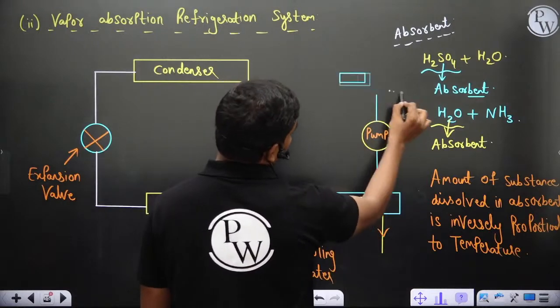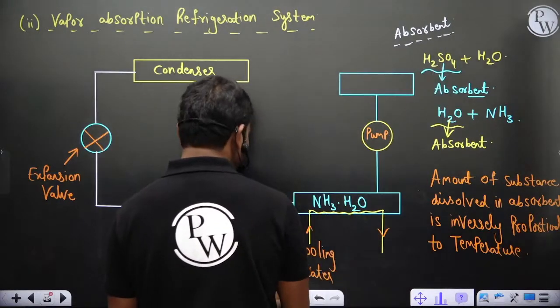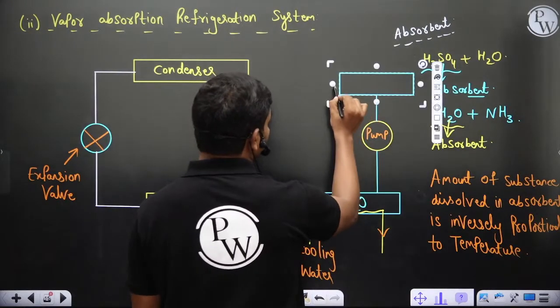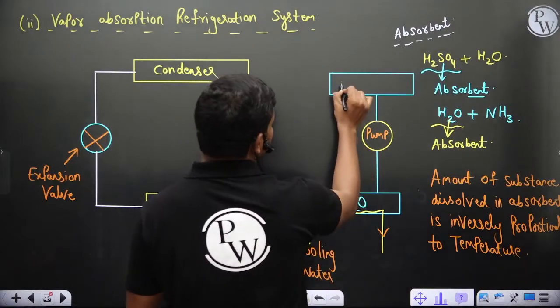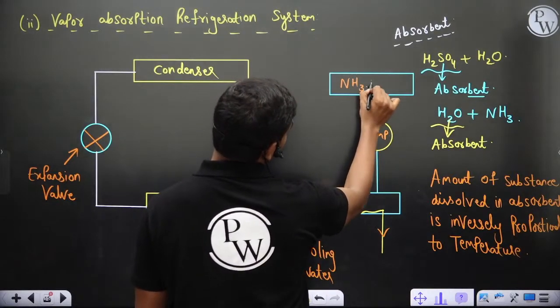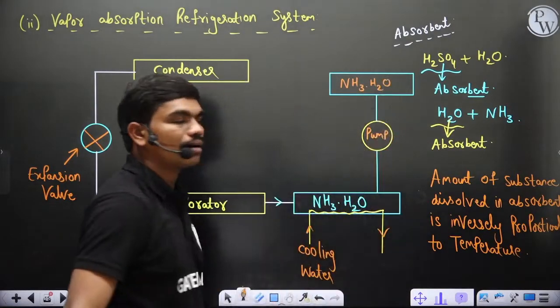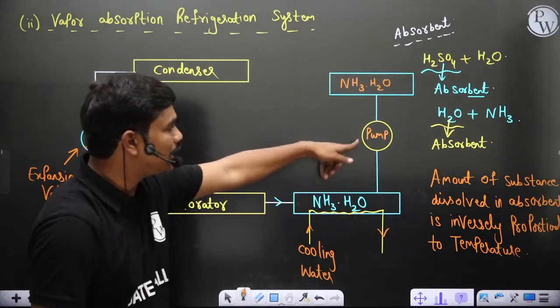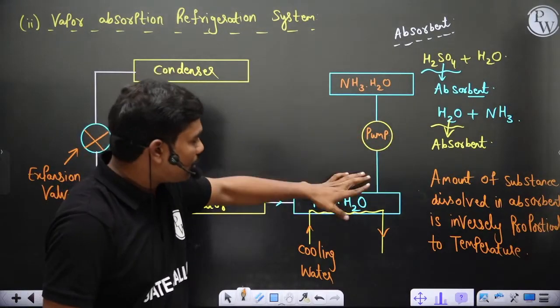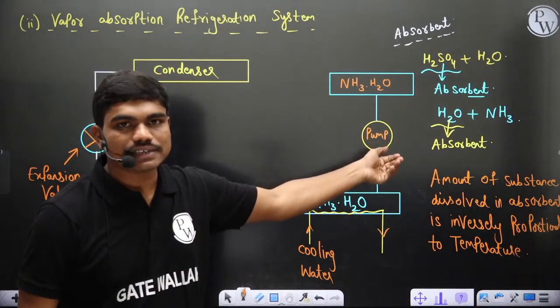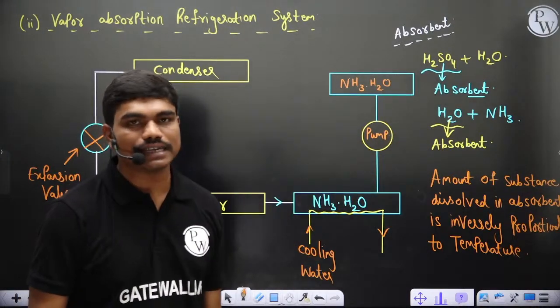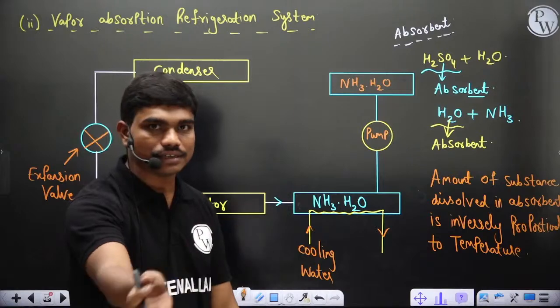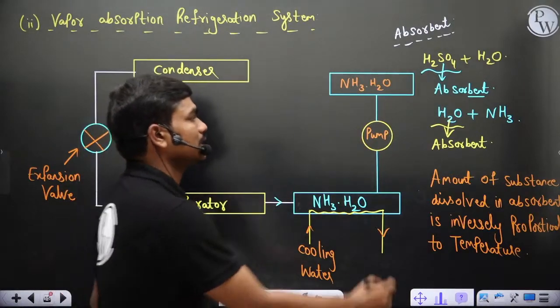So using the pump we send this to high pressure. Here also we have NH3, ammonia. We send this from PL to pH using a pump. The reason we use a pump is because the work required for the pump is much less compared to the work input to the compressor. You have seen in Rankine, Brayton, all these cases. So a pump is much more effective.